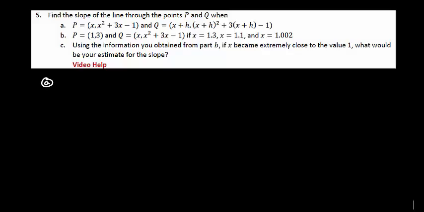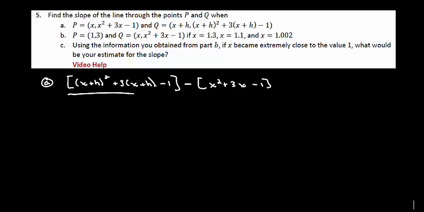we need to find the slope between these two. So the slope is going to be the change in the y values. So I'm going to grab the y value from Q first, and then I'm going to subtract the y value from P, and we're going to divide that by the x value for Q minus the x value for P. And so this right here is going to require a little bit of foiling.